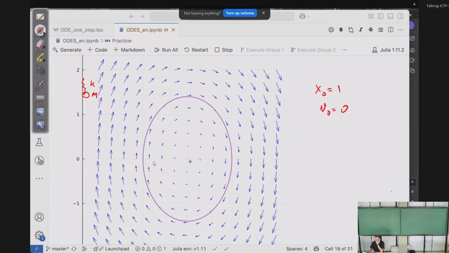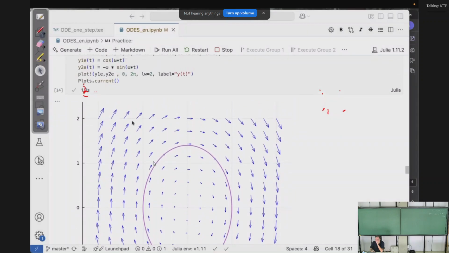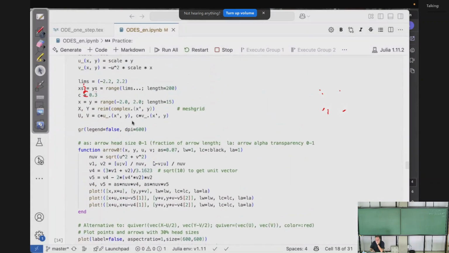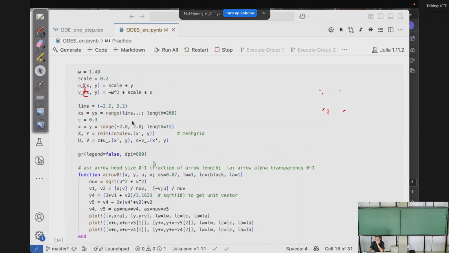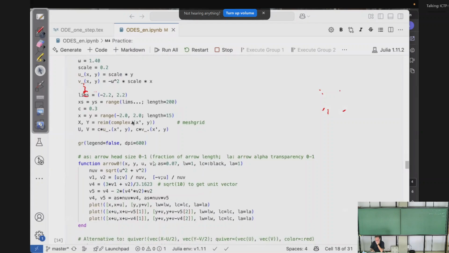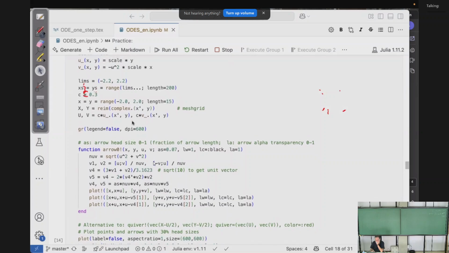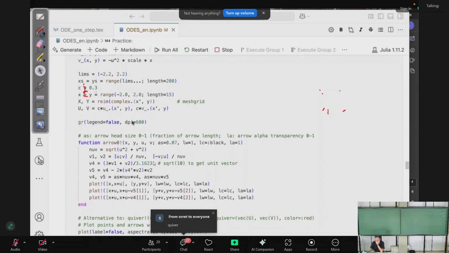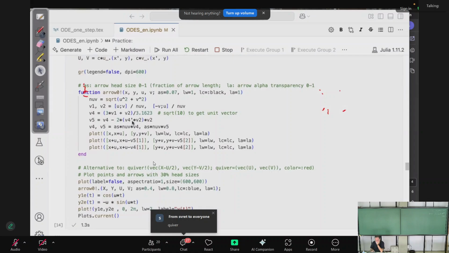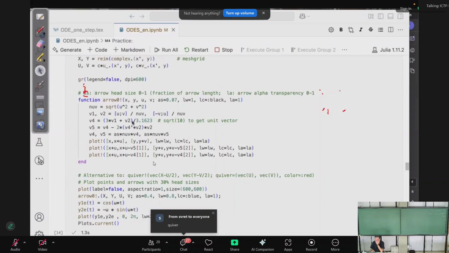These, by the way, are examples of how to draw vectors in a plot. Here for Julia, you use something which is called, what is it? Use this function arrow.